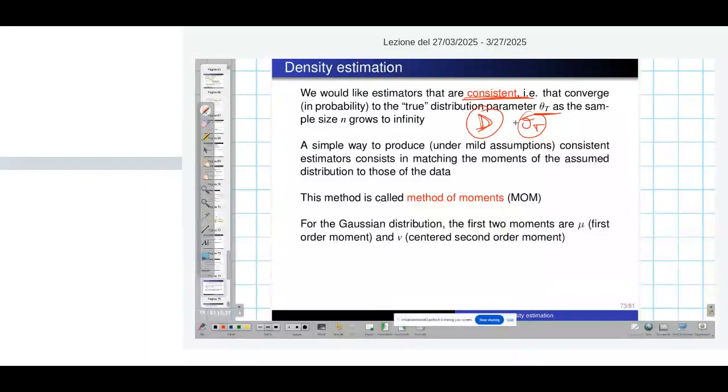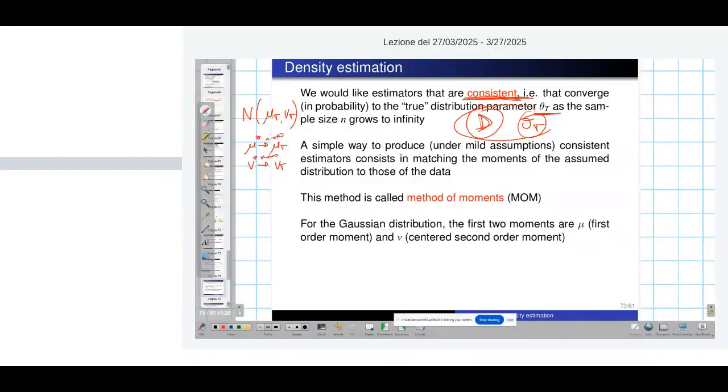Now, in practice, our data is never generated by a distribution, so consistency only measures a theoretical property of a procedure that estimates from data. It doesn't tell us anything about how good it will be for our data, but to ask that if we were really generating, for example, the samples from a Gaussian with mean mu t and variance v t, then our estimates would converge to mu t and v t as the number of samples goes to infinite.